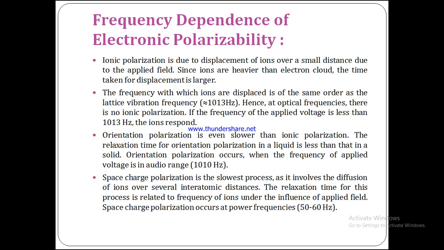Now the ionic polarization is due to the displacement of ions over a small distance due to the applied field. Since the ions are heavier than the electronic cloud, the time taken for displacement is larger. The frequency with which ions are displaced is of the same order as the lattice vibration frequency, approximately 10^13 Hz.